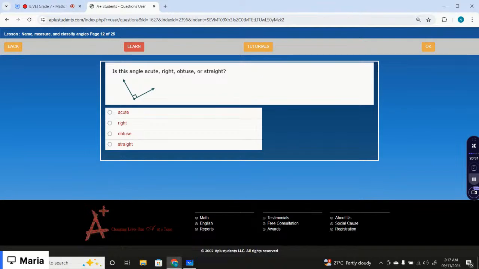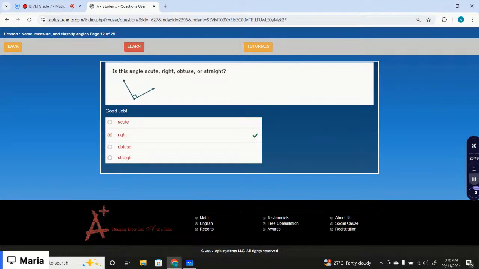Is this angle acute, right, obtuse, or straight? Which is the correct option? The correct option is right angle, right? That is exactly 90 degrees.